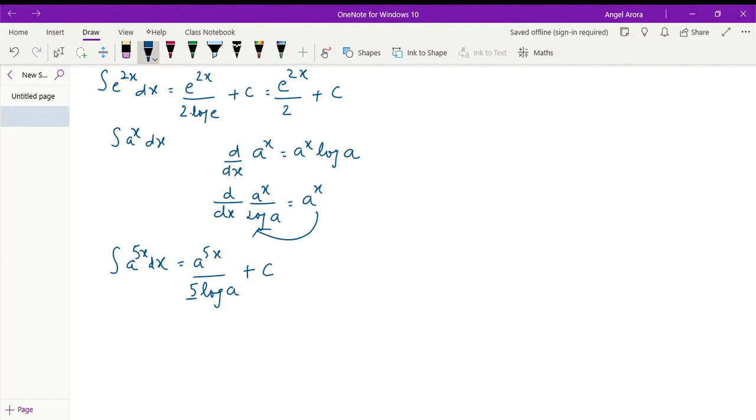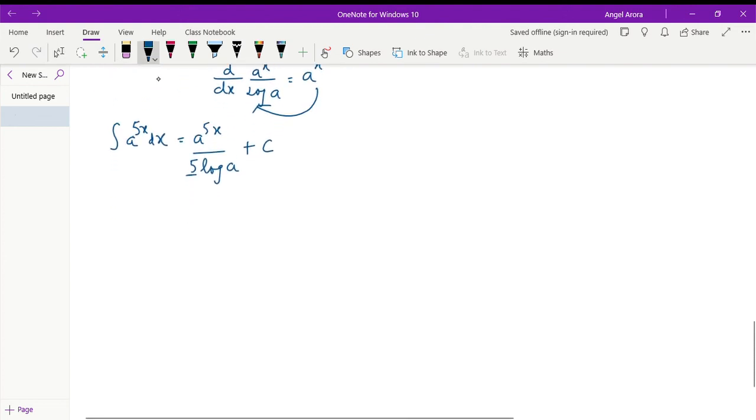Let's do one more example. What is the integral of square root x dx? We can also write square root x as x^(1/2) dx.